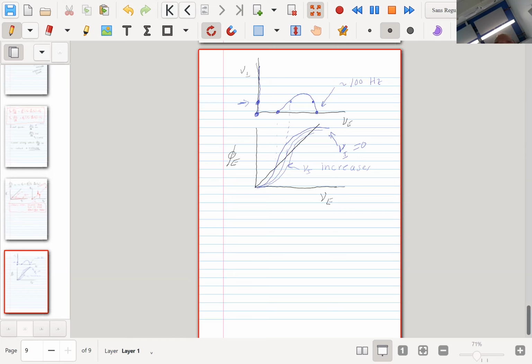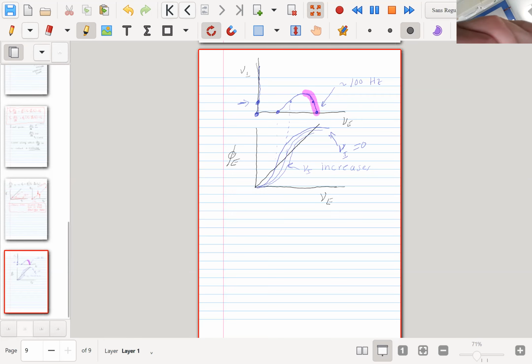And then out here, on this branch, your firing rate is really high.